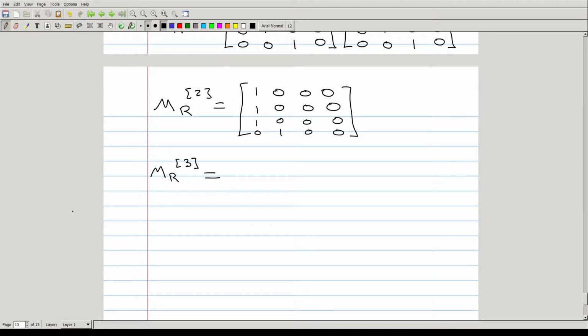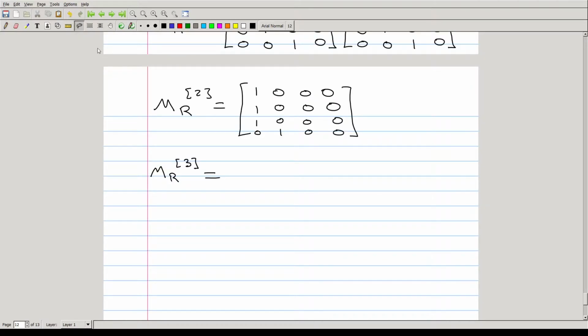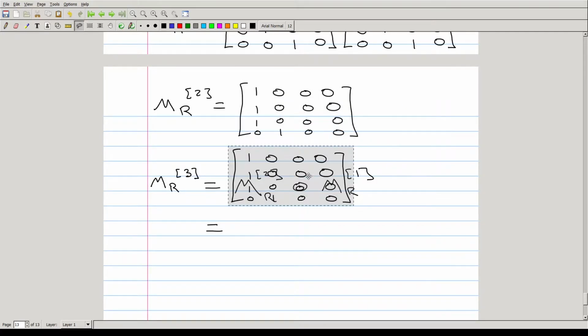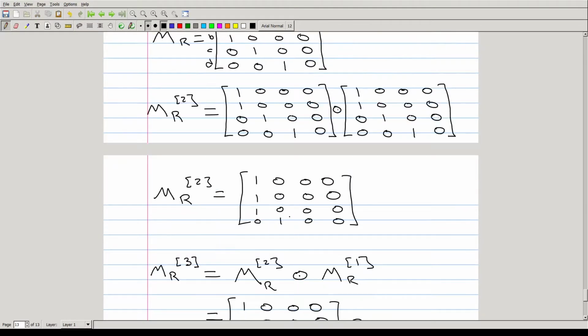The computation of the third Boolean power is done by taking the second Boolean power and multiplying it by the first Boolean power, which is this matrix right here, Boolean product, the original matrix itself.